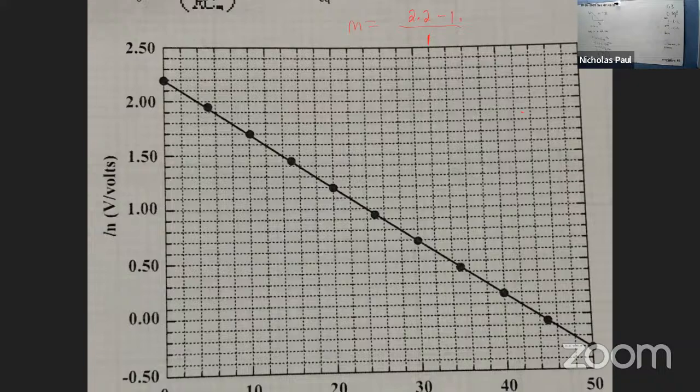Oh, I just use 2.2 and 1 plus that one. So minus 0.5. Yeah, so read your points. I get minus 0.05. I just use the 10 at the bottom here. Yes, sir, so I got minus 0.05. Anybody else got that? Yeah, I got 0.047.